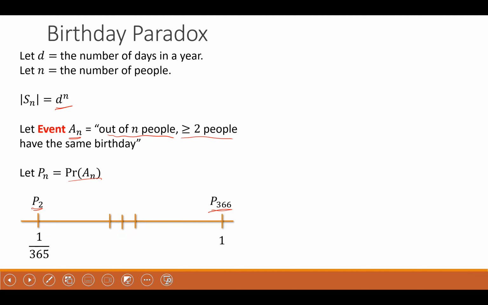Somewhere in between there, we have some number of people where the probability is 1/2. So we want to find the values for n minus 1 and n where this probability passes 1/2. So that's going to be the goal: P_{n-1} and P_n.